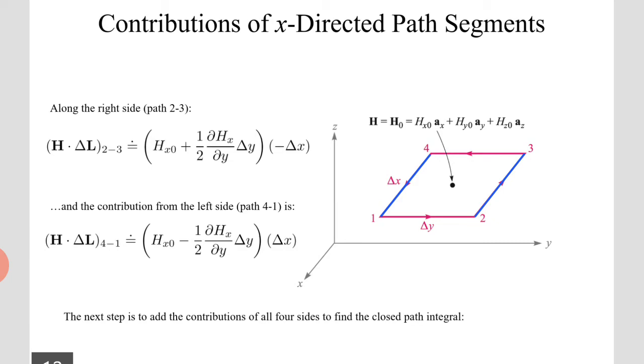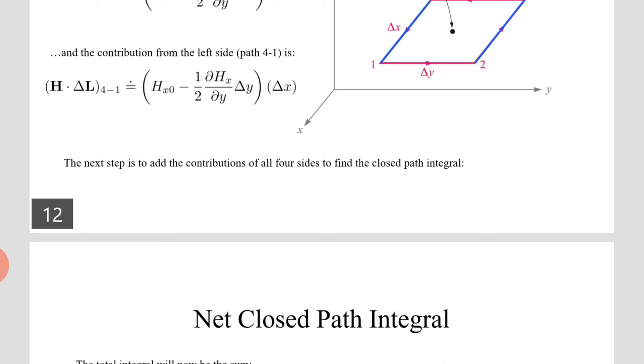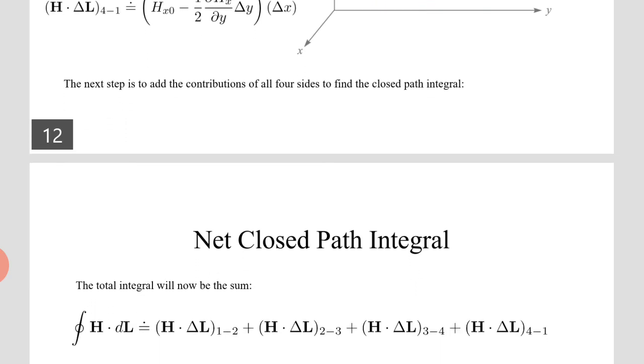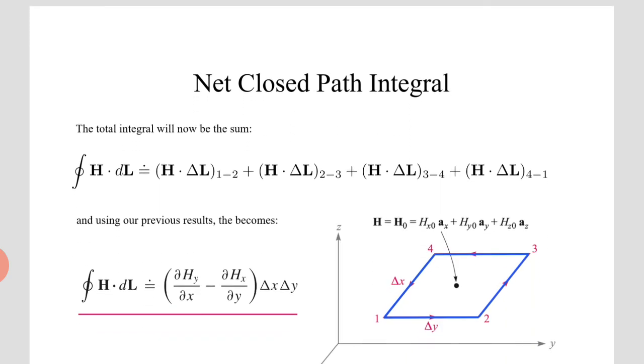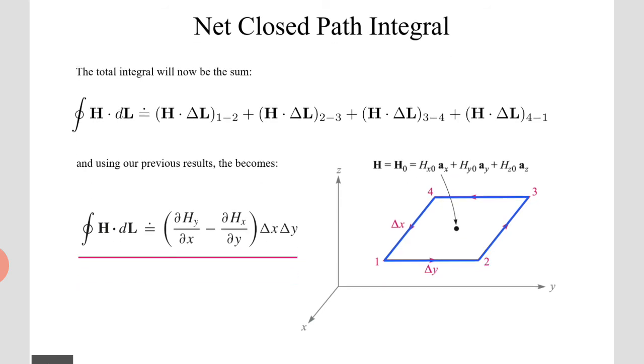The next step is to add the contribution of all four sides to find the closed path integral. The net closed path integral will be the sum of H dot delta L along all the paths: along the path 1 2, plus along the path 2 3, plus along 3 4, and plus along 4 to 1.